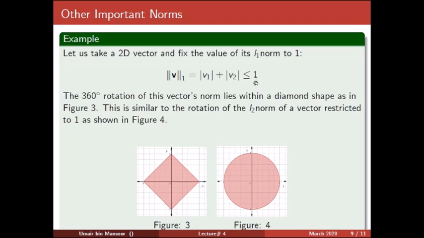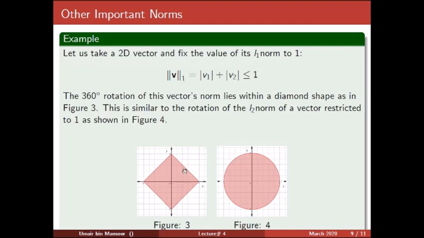So if I say it's less than or equal to 1, I am including all those vectors also whose values when they add up are less than 1. That's why this whole diamond is colored. It's filled with vectors having lengths of 1 and less.